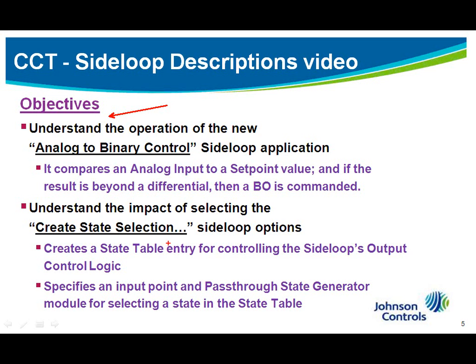Also, we wanted to understand the impact of selecting the Create State Selection side loop options. These two options create a state table entry for controlling the side loop's output control logic, as well as specifying an input point and a pass-through state generator module for selecting the state in the state table.